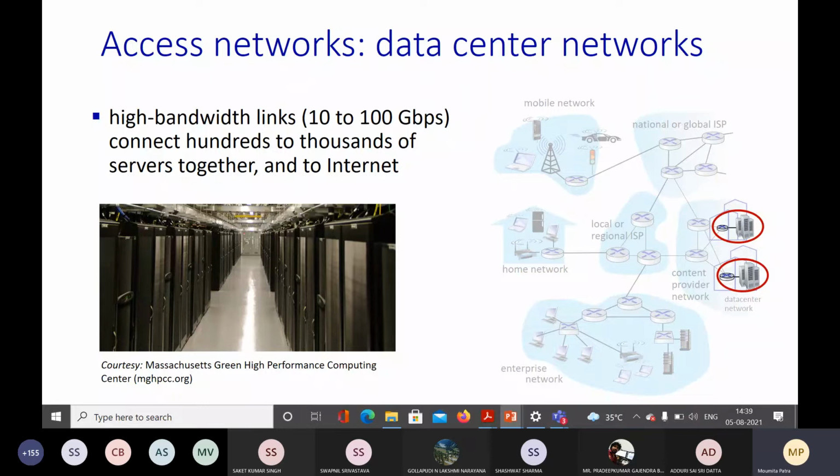This is required because that will connect thousands of servers together. Okay, and that is basically what will constitute this data center network. A large number of servers are there together. They are connected to the internet as well as to each other, and they need very high bandwidth links so that the access delay that you are getting at the end as a user becomes least, or lower as much as possible.